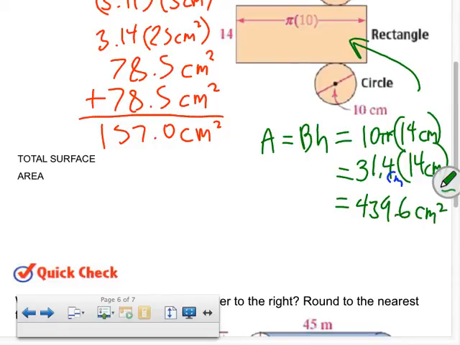Okay, now, is that my answer? No. How do I get my final answer? I got to add these 2 things together, right? So I got to take 439 and 6/10, and I need to add 157. And that's going to be my surface area.